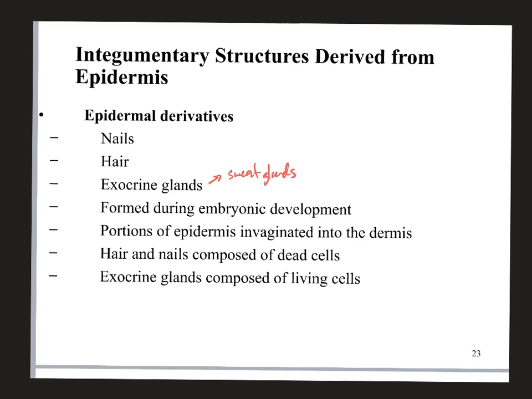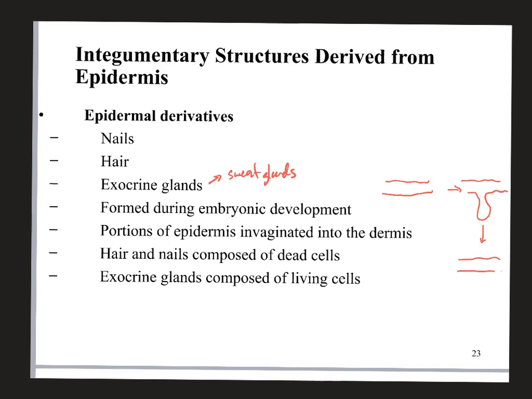etc. Okay, so this happens when, for example, extra portions of the epidermis invaginate. If the epidermis began on the outside of the body, at some point a portion of it invaginated inward and eventually became separate, right?